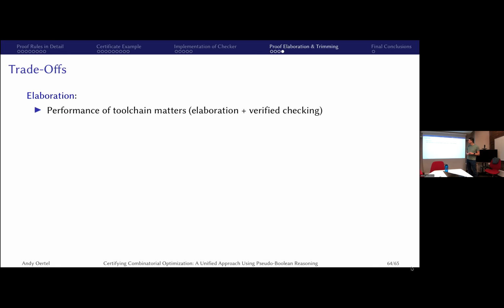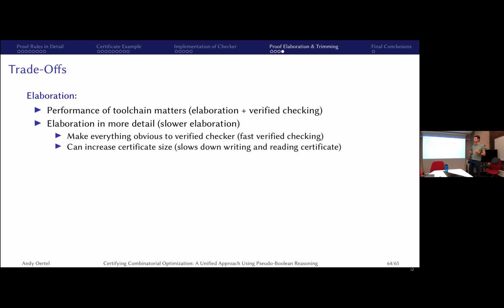With elaboration, what matters most is the performance of the whole tool chain. It's not necessarily the best idea to elaborate more detail, because that will slow down your elaboration, and that in total could slow down your whole tool chain.